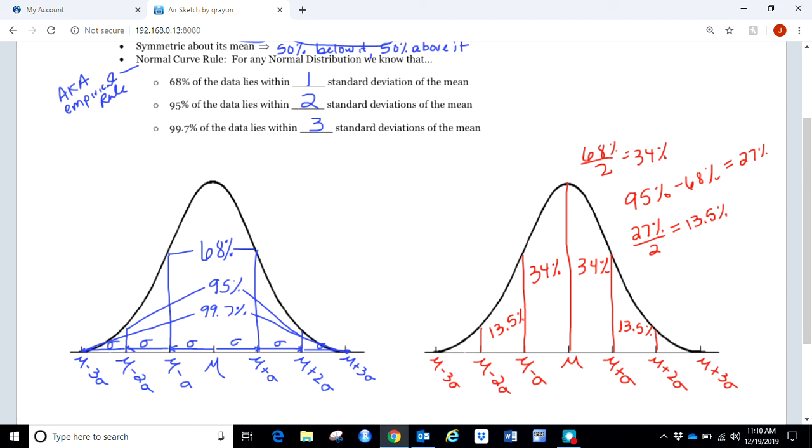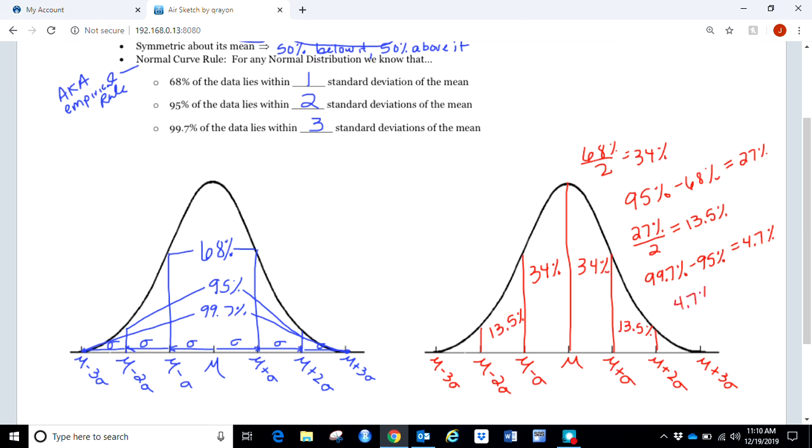In total, there's going to be 99.7% between these 2 spots. However, we've already put on how much into our picture. Well, after last time, I've made sure that there's 95% in total on my picture. So that means I can only add 4.7% more.